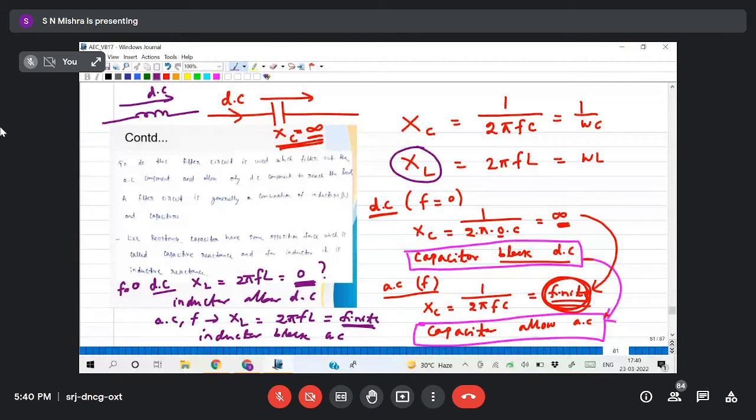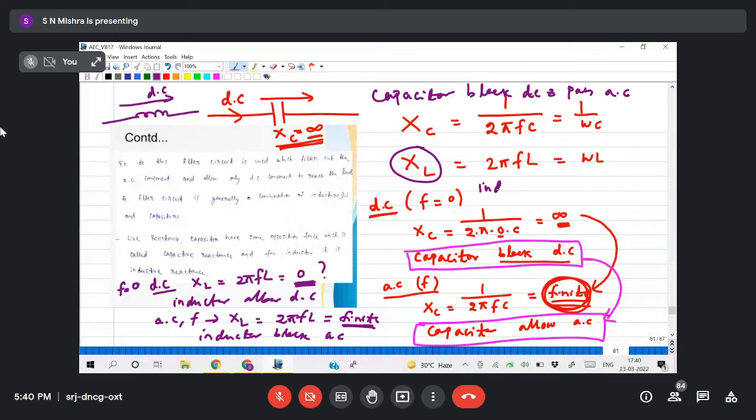So I'll combine both statements here. Capacitor blocks DC and passes AC.